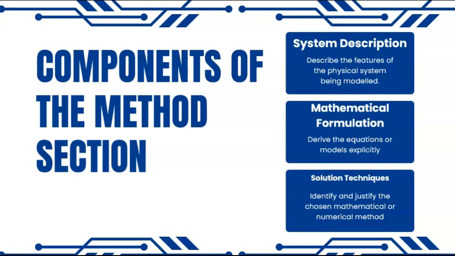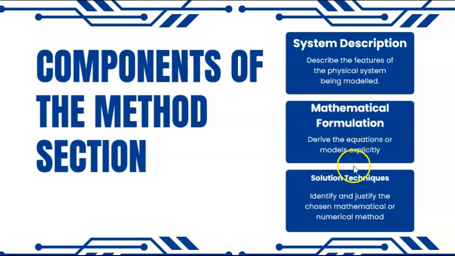You want to describe the physical system, and next, from the description of the physical system, you want to put together a mathematical formulation that exactly, or almost correctly, models this physical system you're modeling theoretically. So the second component of the method section of a theoretical paper is the mathematical formulation.